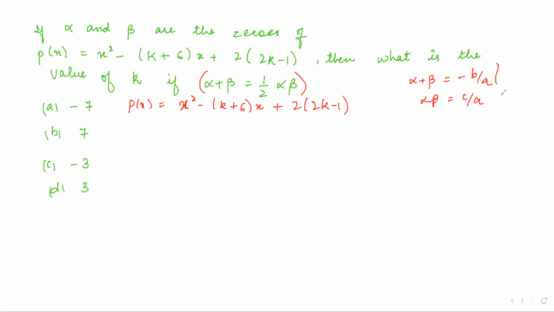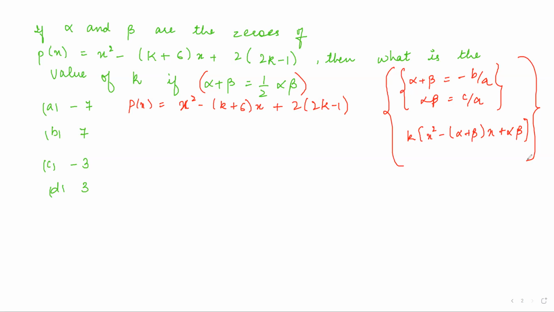And another thing was how to write a polynomial. This was the general representation, x square minus (alpha plus beta) into x plus alpha beta. These were the only two things used in the whole exercise. So all the questions which are going to come will be solved using this much information only. You don't have to think anything else. Just use this much.